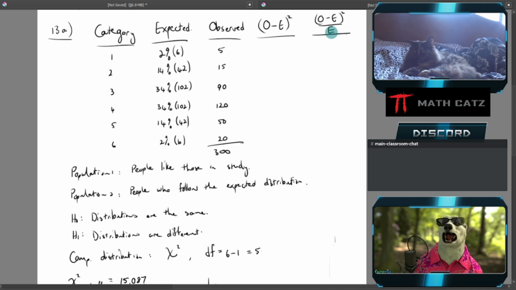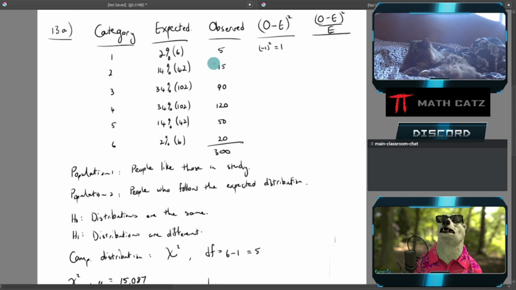Just to not have a calculation that's too big at once, it might help you to break it up into more steps. So let's do a couple of these. Observed minus expected, that's a -1. -1 squared, let's put it like this, will be a 1.